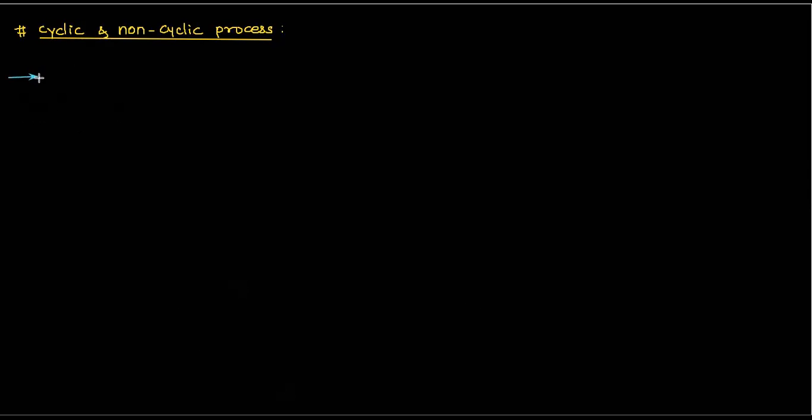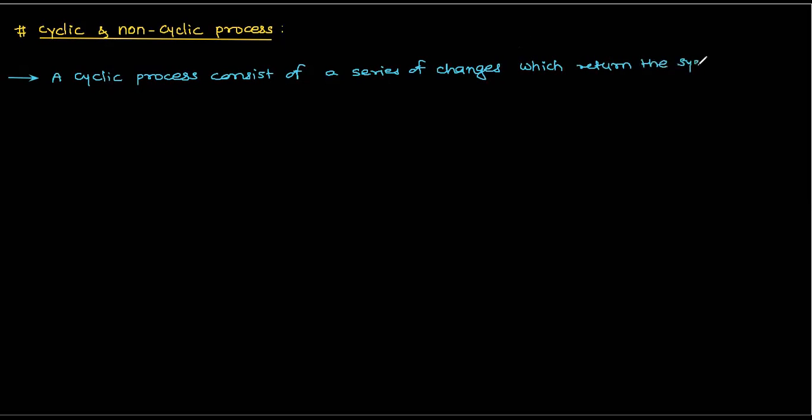So first point, a cyclic process consists of a series of changes which return the system back to its initial state.